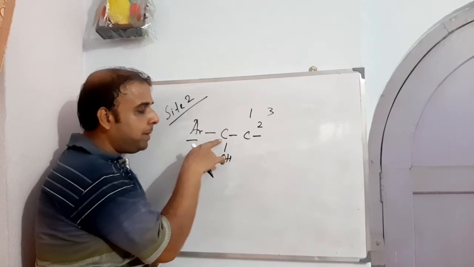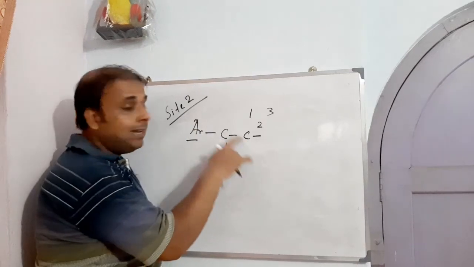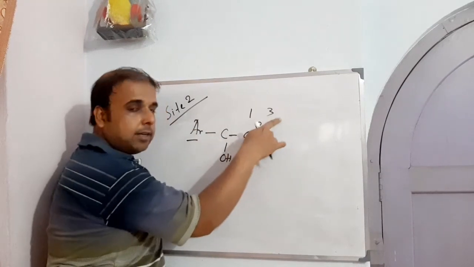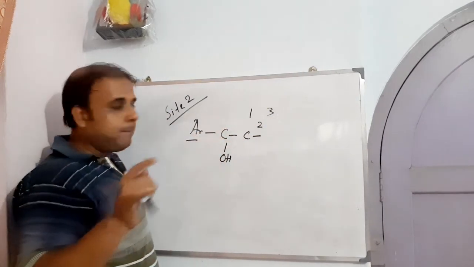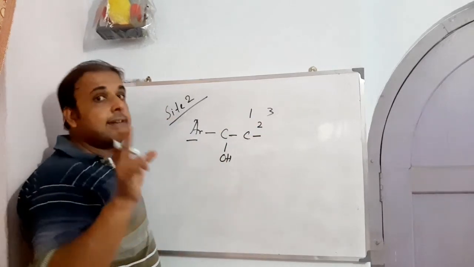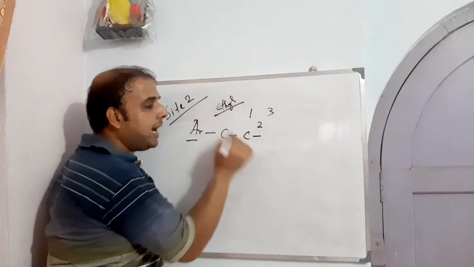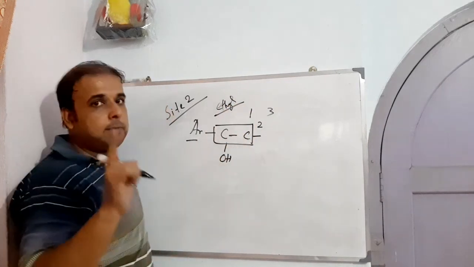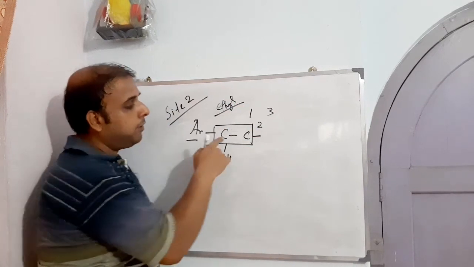Neither lengthening to 3 nor shortening to 1 is acceptable. That means we have an alkyl chain, and the alkyl is preferentially an ethyl. It is the ethyl from which we can expect the maximum output, right?